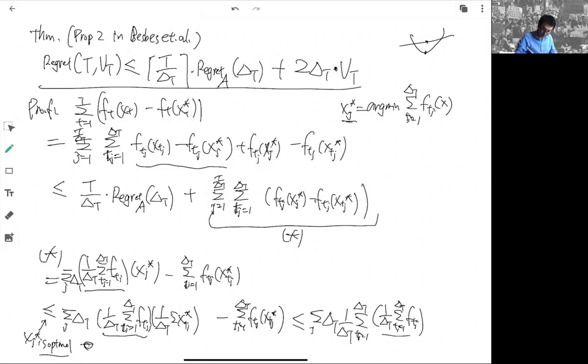So again, this is a whole function that we're looking at. Okay, and then minus f_{t_j} of x_{t_j} star. Now these two can be grouped together.